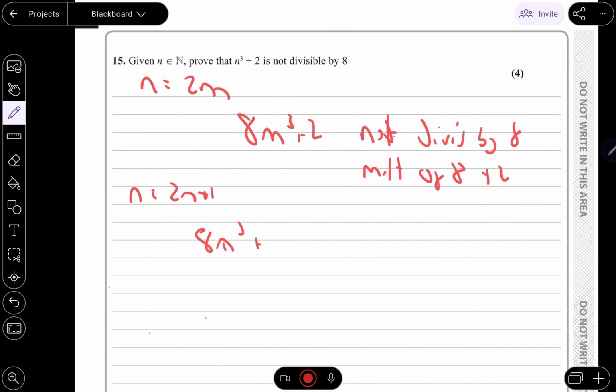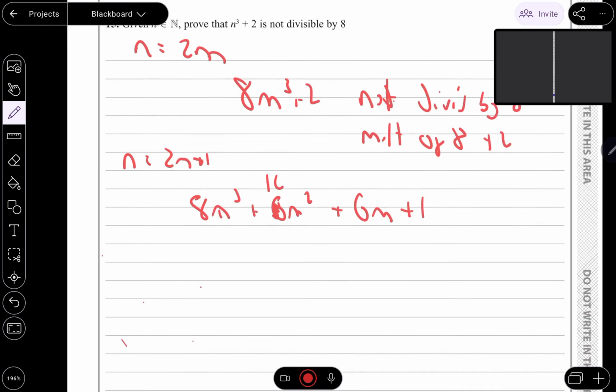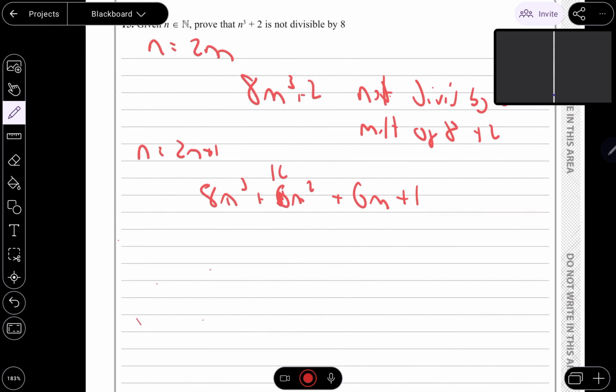So we've got 3 times 2, so that's going to be 6m squared, I think, because it's the choose function. Then no, because you get 2 of them, so it's going to be 12. Then we're going to have 6 of them, and then we're going to have a 1 at the end. And this is odd. So not a multiple of 8.